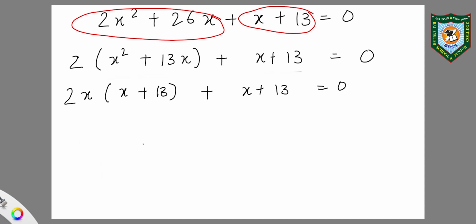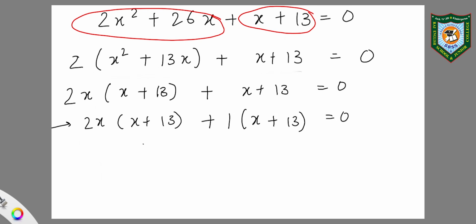Now, what I can do is that 2x, I can write this x plus 13 as it is, and I can write here 1 into x plus 13. This does not change my equation whatsoever. So now, if I see this complete bracket, I have x plus 13 common inside for both the terms.